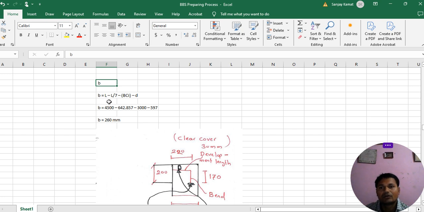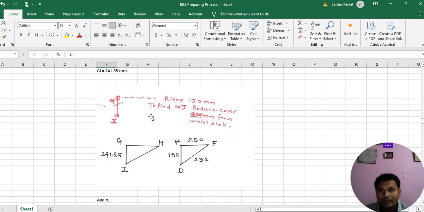So B is equal to L minus L by 7 minus BCI minus D. This is the formula to calculate the breadth of the staircase. L is the length from landing 1 to landing 2, which is 4500 mm, and minus L by 7 is 642.857, and minus BCI, which we have calculated here, is 3000.